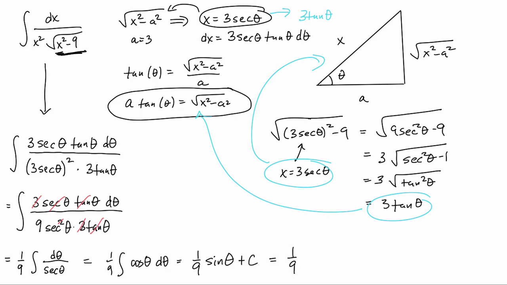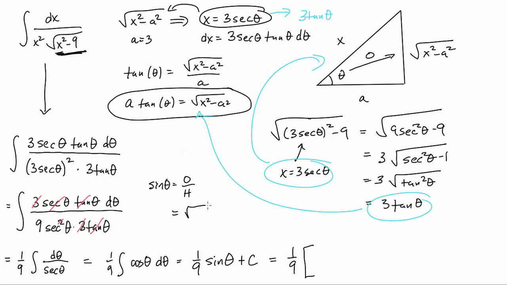And so the only thing we need to decide now is, based on this triangle, what is the sine of theta? Well, remember the sine of theta is opposite over hypotenuse. And based on this triangle, the opposite side is the radical x squared minus a squared.